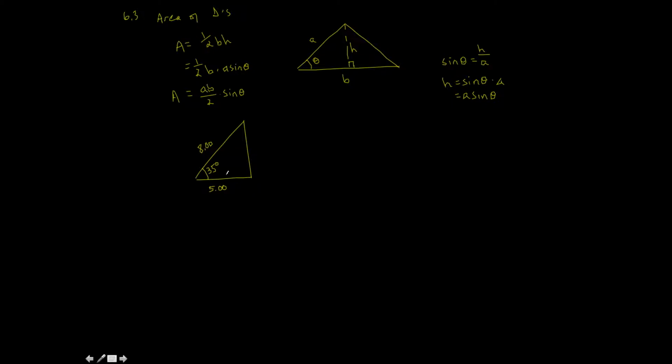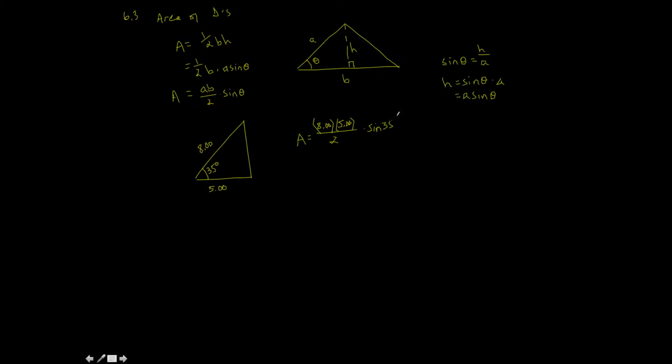What is the area of this triangle? Well, we don't know the height, so the area is going to be 8 times 5 divided by 2 times the sine of 35 degrees.